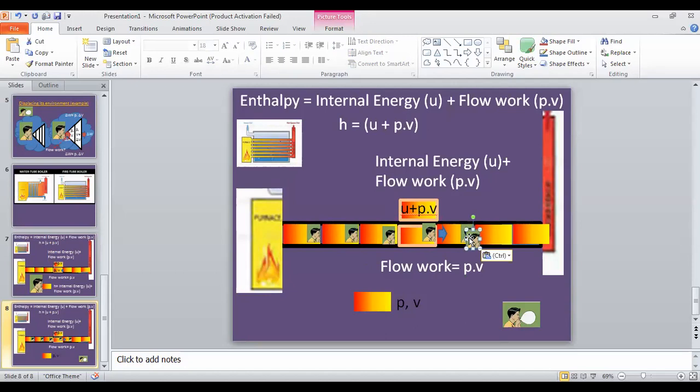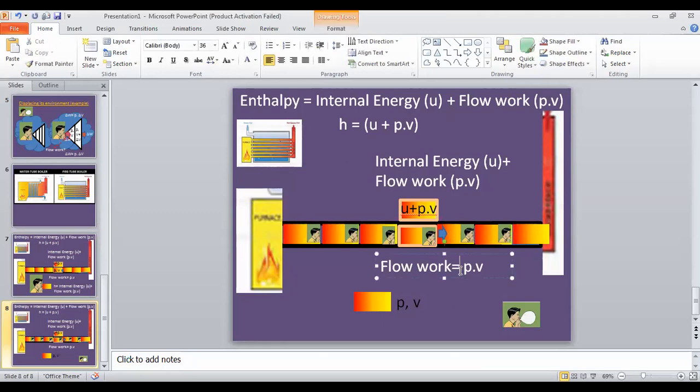So this PV pressure is the same. Let's say this pushes an equivalent volume V. Then P times V is the flow work done on this by the previous position.